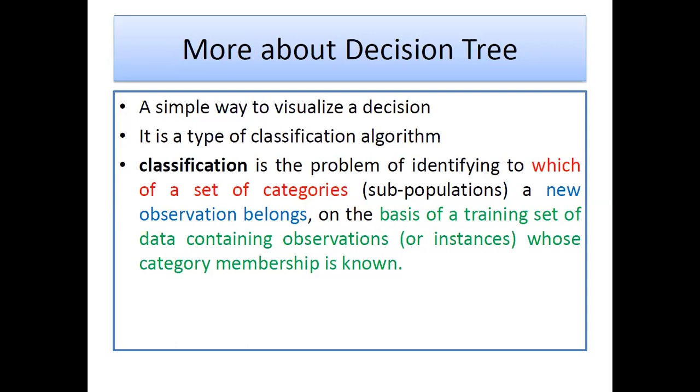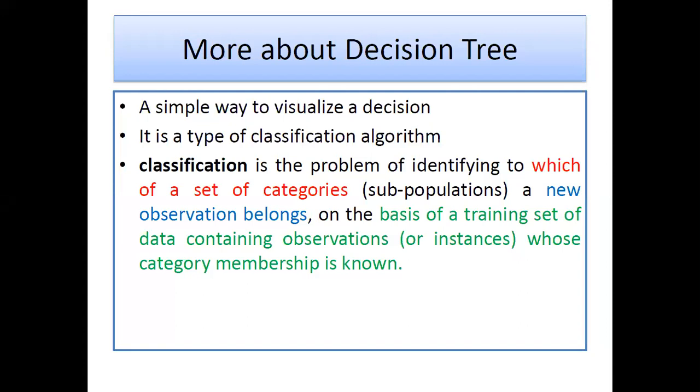That's what I told: a new set is coming. It belongs to class A, class B, or class C. It belongs to red class, green class, or violet class. This is on the basis of a training set of data containing observations, also called instances, whose category membership is known.